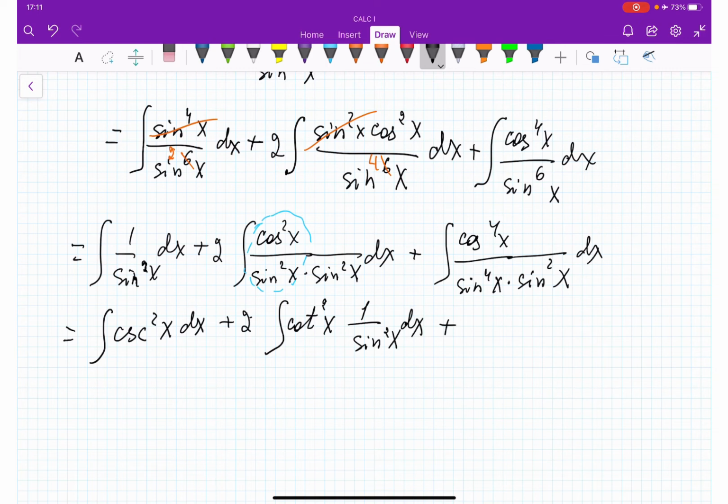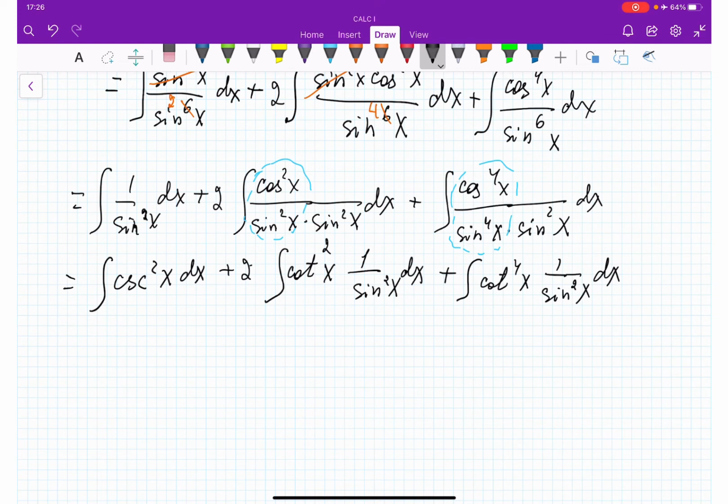Oh, I'm sorry, I put on the top also sine squared. I have cosine over sine, so it's going to be the integral of cotangent to the power 4x times 1 over sine squared x dx. Let me write this square down clearly.